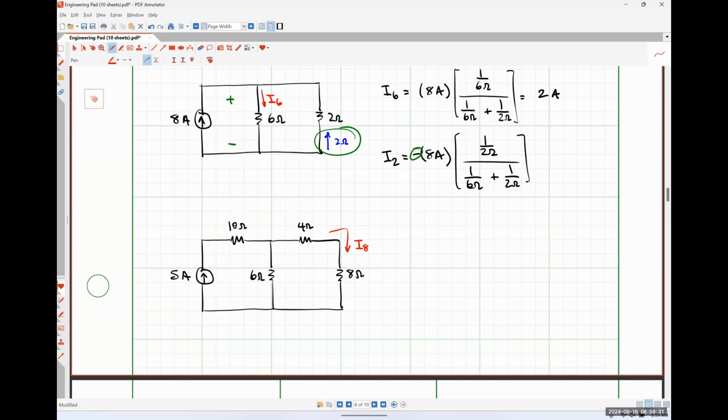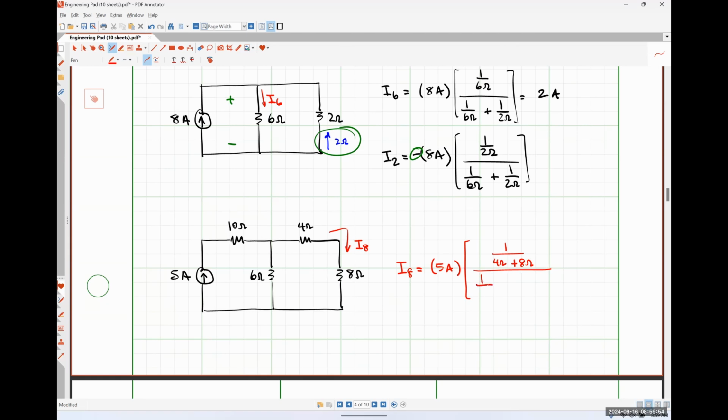So our current I8 would be 5 amps times, so the total resistance of the branch that I'm looking for the current through is 4 ohms plus 8 ohms.